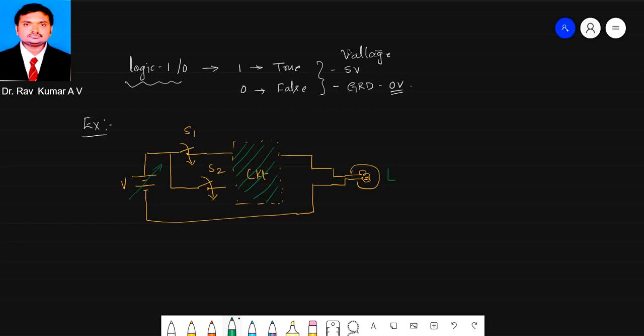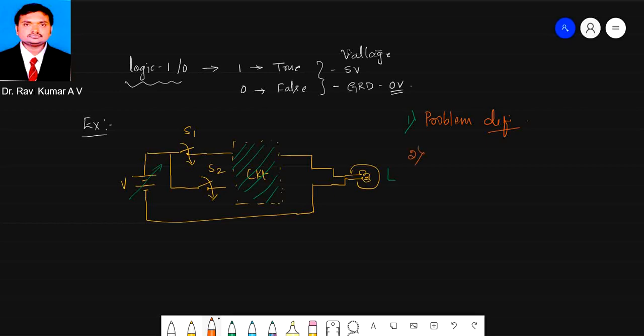So in any digital system design, what do we need to look at? The first step is that we understand the problem definition. What is the problem? The definition of this problem we should understand.